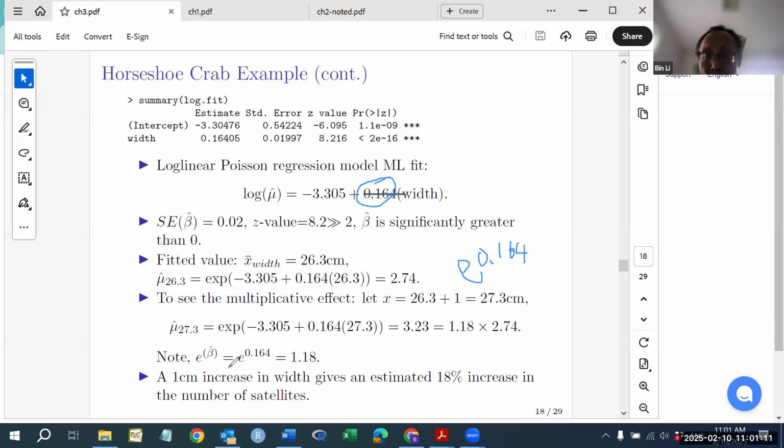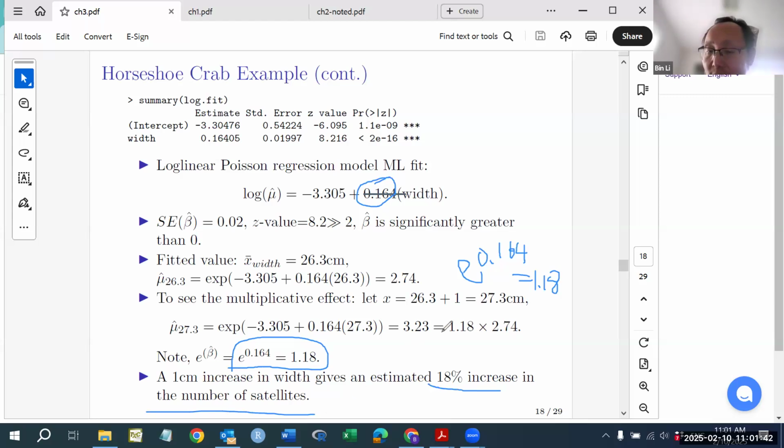And the exponential of 164 will be 1.18. So that is 1.18. So what does that mean? That means by a 1 unit increase of x, the expected count will increase by about 18% in the number of satellites.